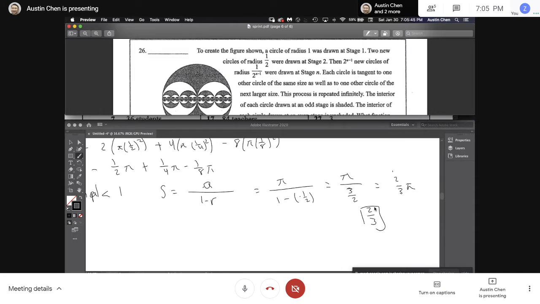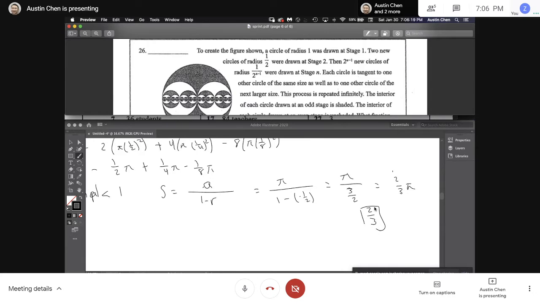Wait, what is your method? So let's just look at the first three. The big circle, the two small circles, and then the four circles, right? Yeah. So the four circles, you can actually move them into one of the two circles, and that'll fill up that one circle, right?